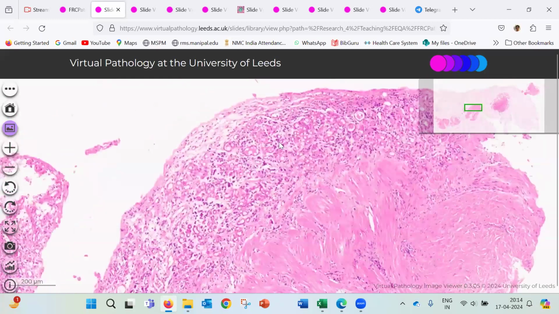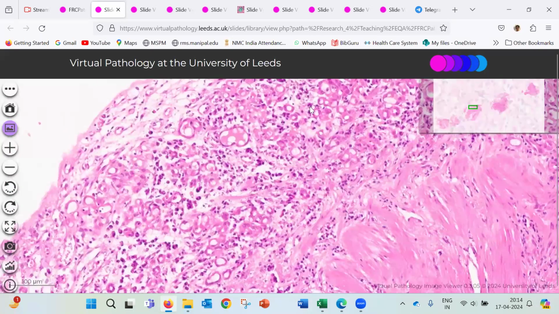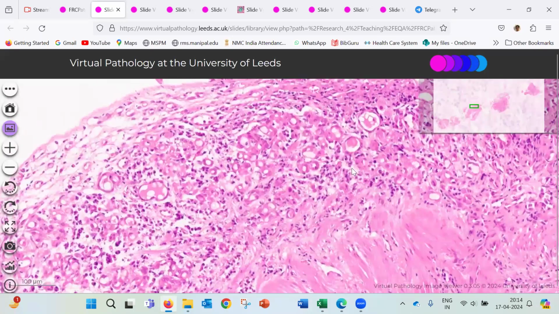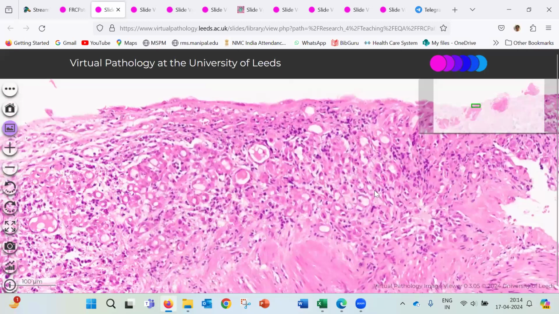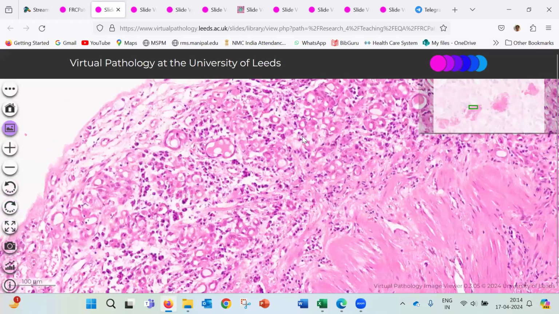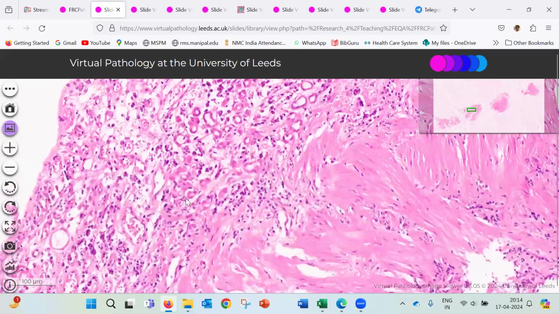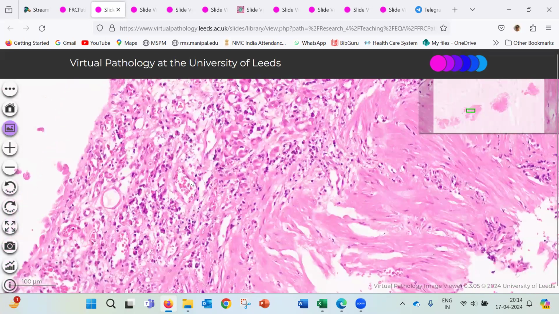Here is a better view. These are more tubular and more luminal clustering of that epithelium, and you can say some degree of atypia. But the thing is that they have hobnailing and thick basement membrane-like areas. So this is quite characteristic of nephrogenic adenoma.